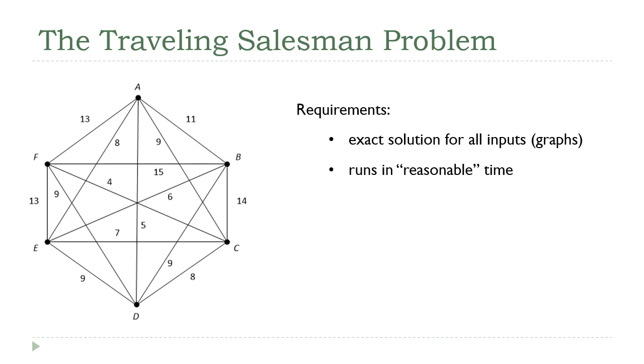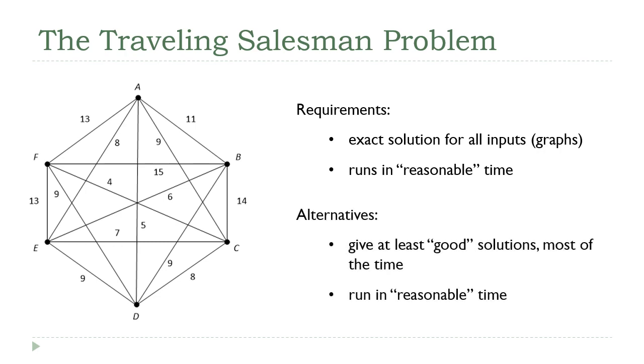So, what do we do? If you're the scheduler for a sales organization, you've got to come up with something. You have to plot an itinerary for your salespeople. So what we do is we come up with an alternative. We really can't relax the requirement of running in a reasonable time.